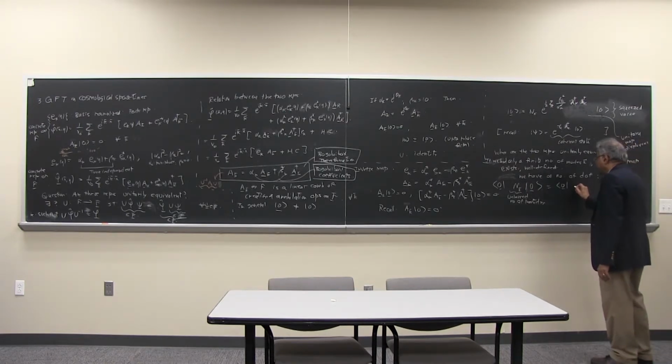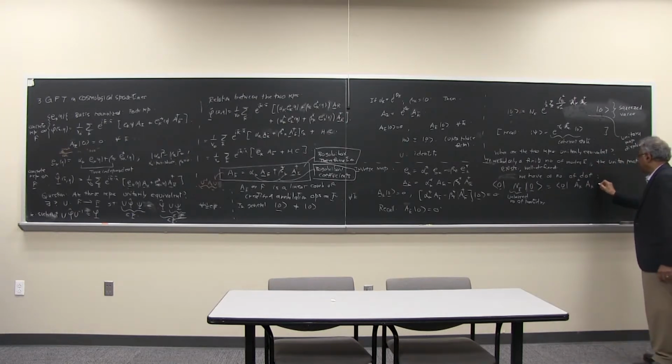So this number operator is just given by a_k dagger a_k, with no bars here. So this is what we obtain.